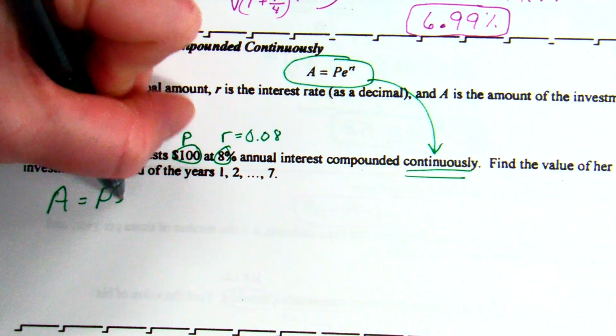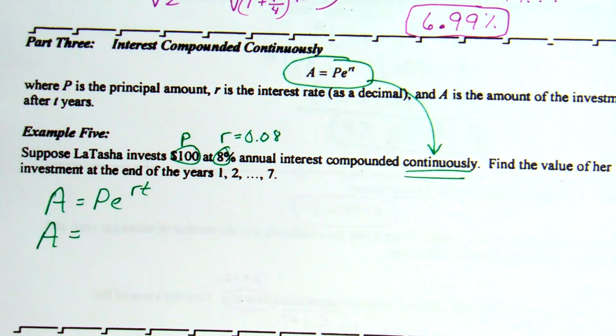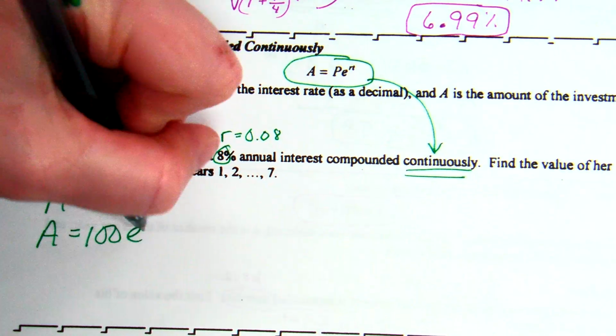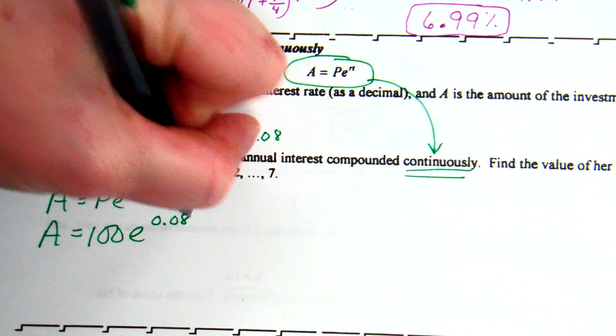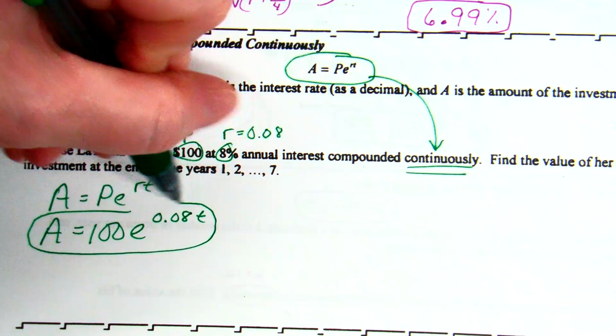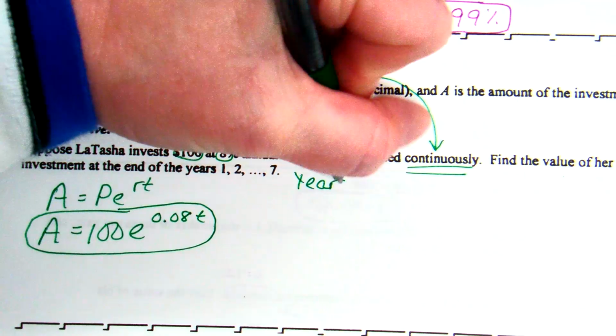So A equals PE to the RT. The basics we can fill in here. We know P is 100 E to the 0.08, and then whatever T is, right? So you're going to take turns plugging in T. So I'm going to set up a chart for my answers.